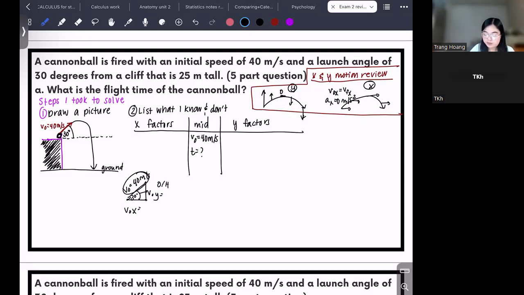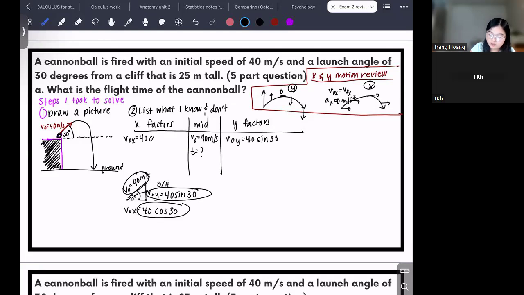So opposite over hypotenuse is going to be sine. It's going to be 40 sine 30. I am taking shortcuts with not setting up opposite over hypotenuse, by the way. So if you need any clarification, just ask me. And the V0x is just going to be that same thing with cosine. If it's not sine, it's cosine. So V0y is going to be 40 sine 30.